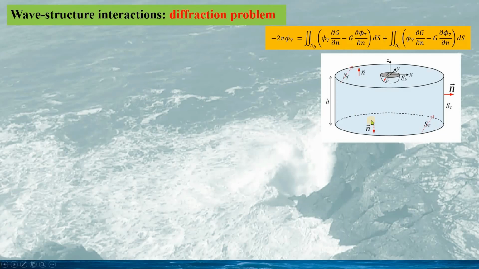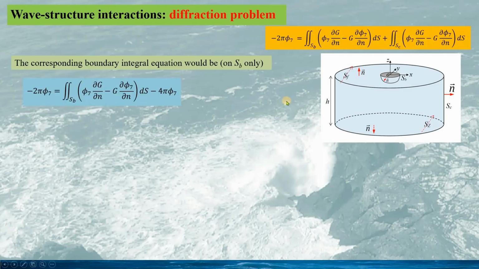Since both the potential phi 7 and the Green function G satisfy the free surface and the seabed condition, the de-singularisation leads to the boundary integral equation for the diffracted problem as this.